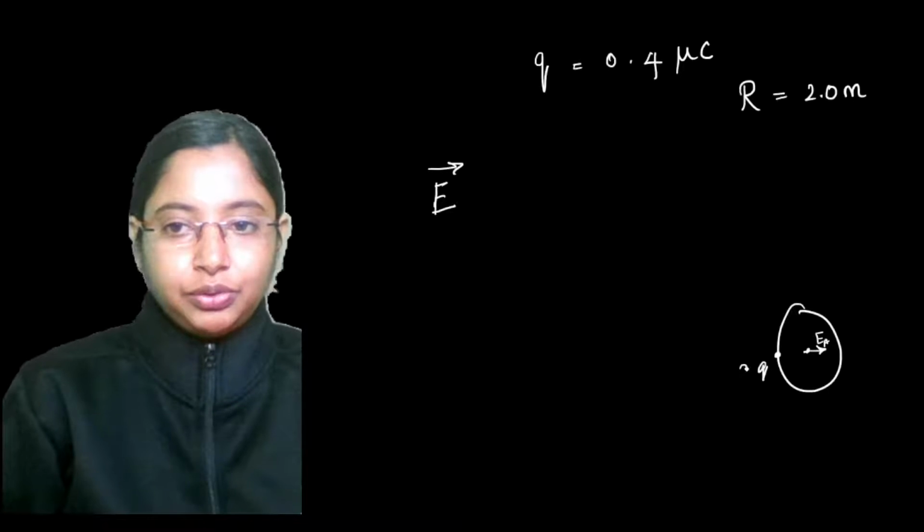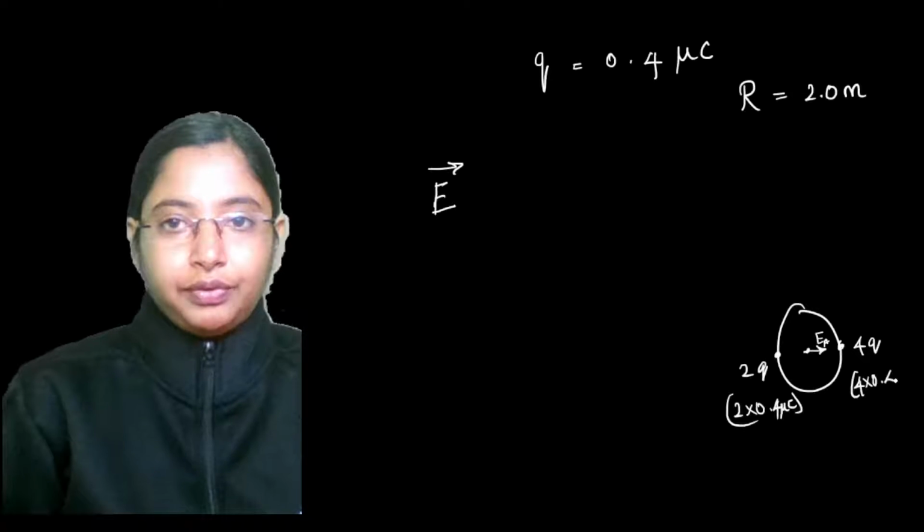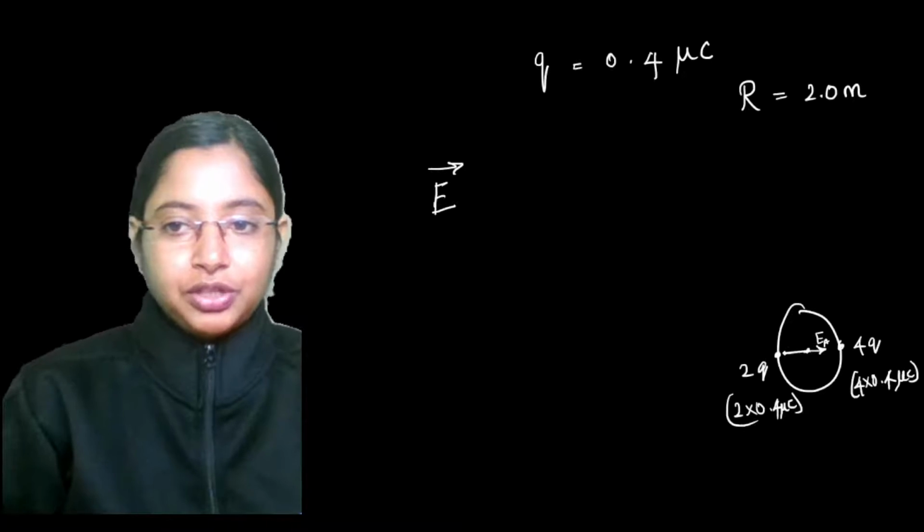This is basically 2q, 2 into 0.4 microcoulomb. And on this side we have 4q, so this is 4 into 0.4 microcoulomb. And this charge is repelling it much more than this charge. This is A and C. B and D, they are cancelling each other out.